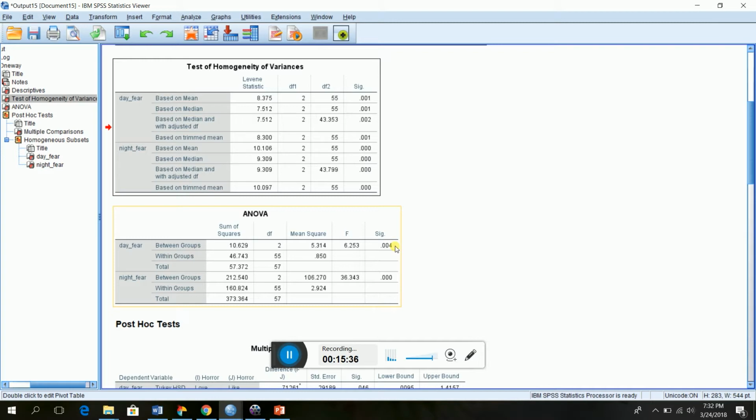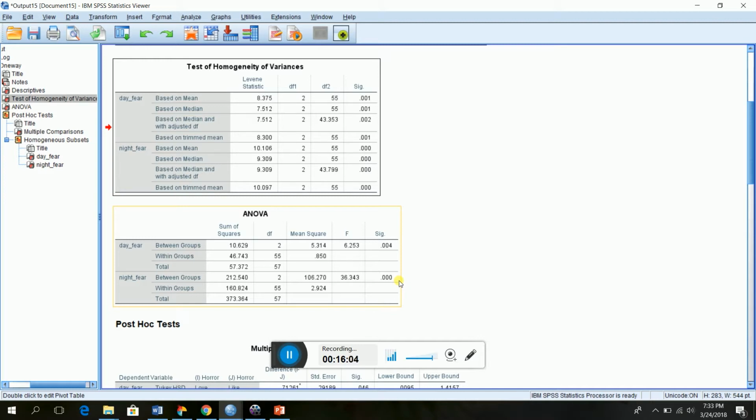And if we look over here for the nighttime fear condition, again, we have 2 and 55 degrees of freedom. Here's our F value. It is also significant. That is, the one-way independent ANOVA on horror movie preference for nighttime fear is significant. Now remember, we did have a violation of HOV, and we said that we were going to make it tougher on ourselves to reject H0.